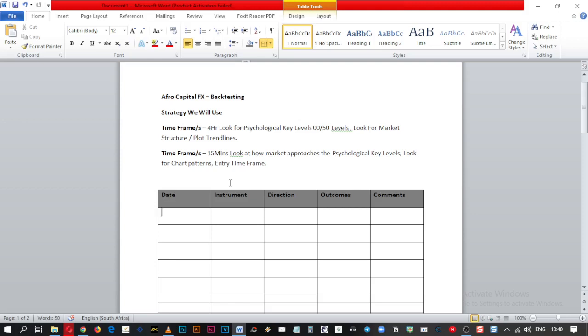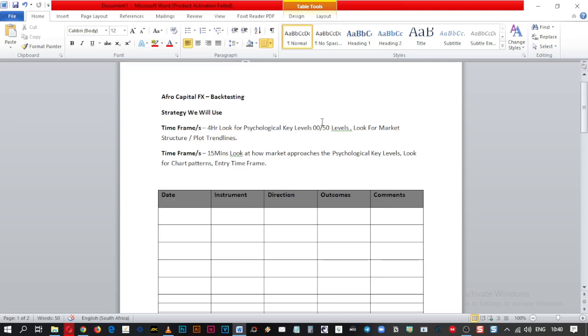We are only trading once we are approaching the psychological key levels, or once I've just gone past them, or once I've retested them. So my strategy is based on the 4-hour psychological key levels. That is where we're looking to enter our trades, but we're not entering them on the 4-hour or 1-hour time frame.